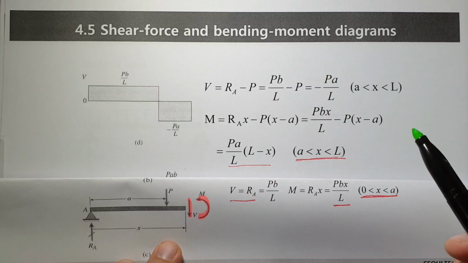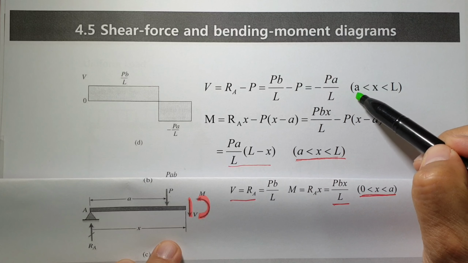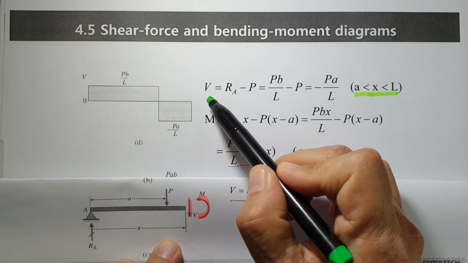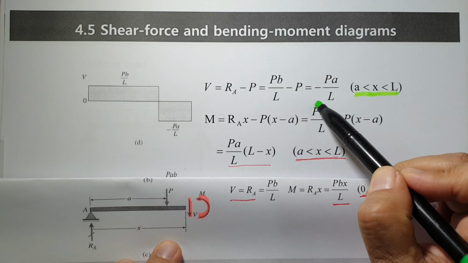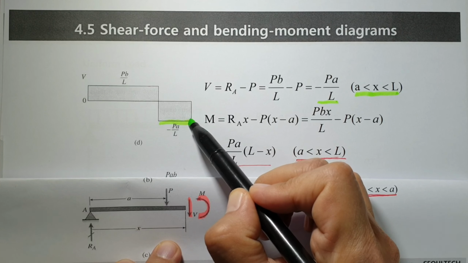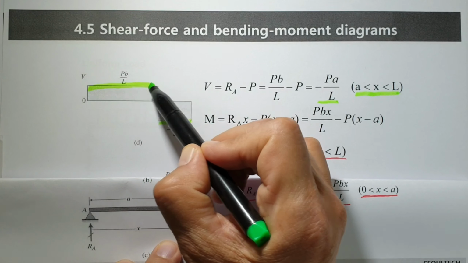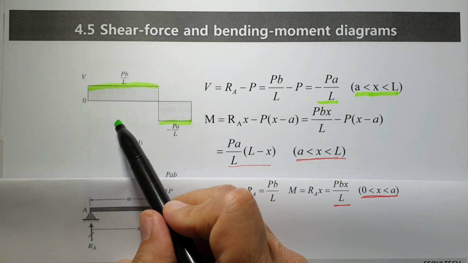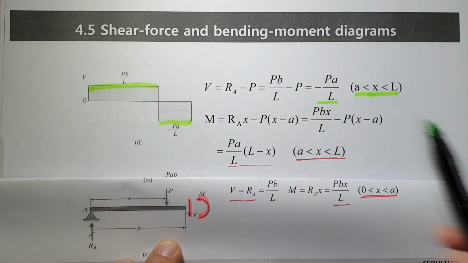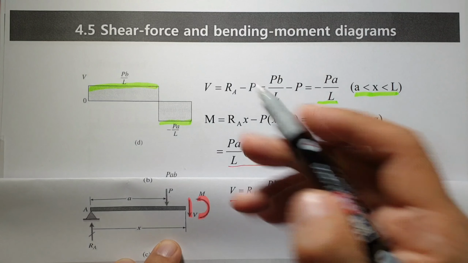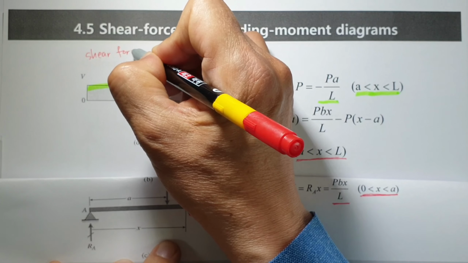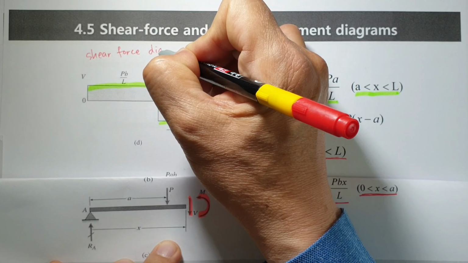And if it locates in this range, V value is like this one. Okay, we can draw this kind of diagram. This one is what? Shear force diagram.